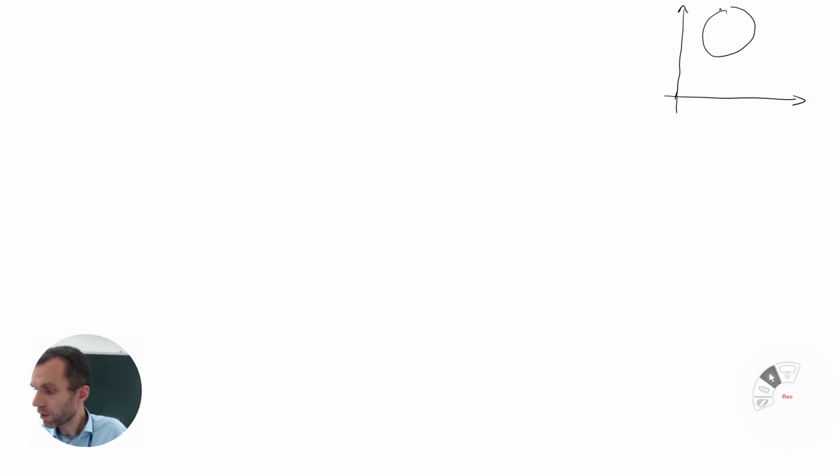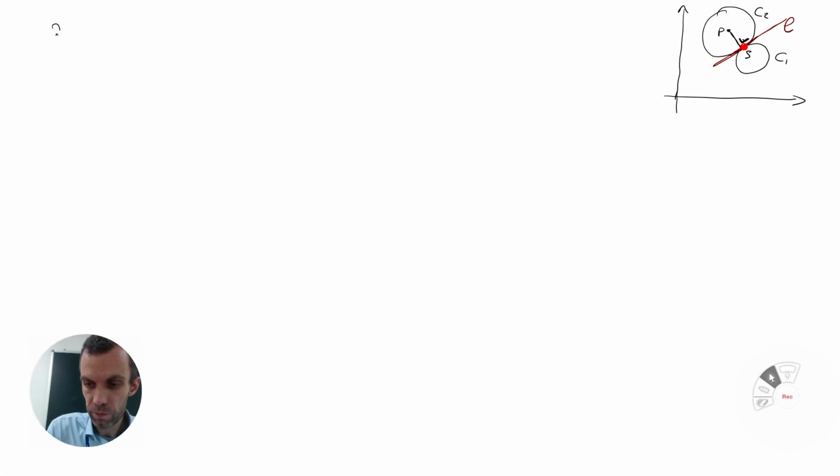So we had our C2 with the point P. We had our C1 here, our tangent line like so, our point S here, and we left off saying that the line PS is perpendicular to the line L that we're trying to find.